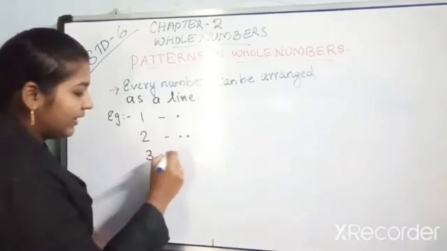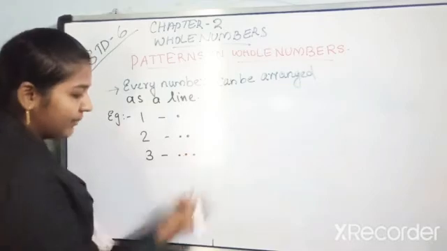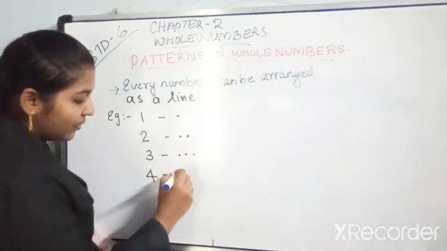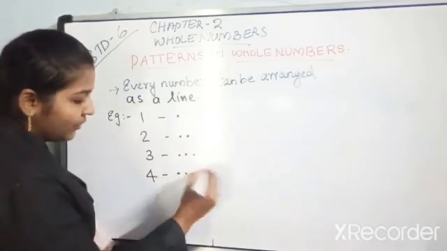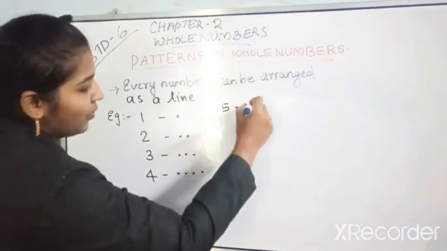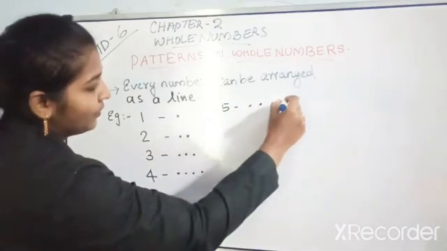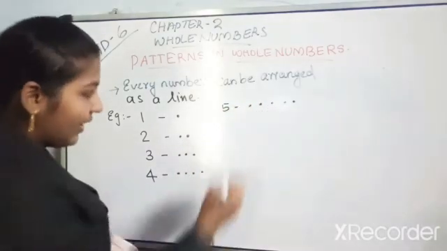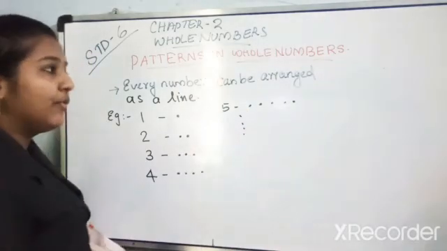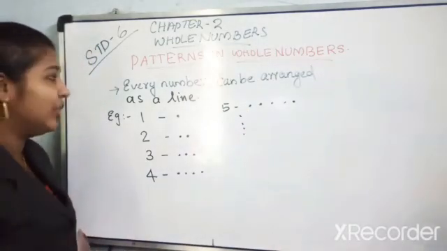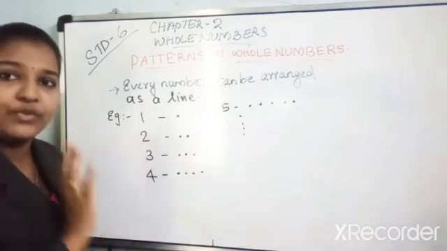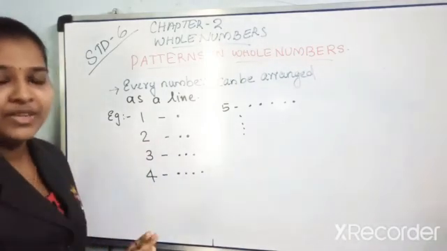Now number 3, 1, 2, 3. Number 4, 1, 2, 3, 4. Number 5, 1, 2, 3, 4, 5. This way every number can be arranged as a line.